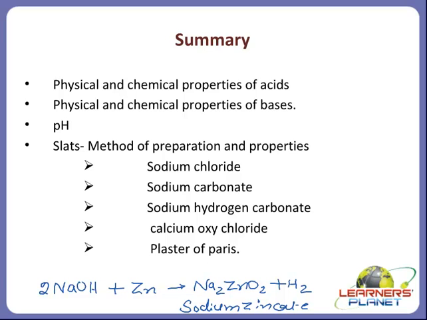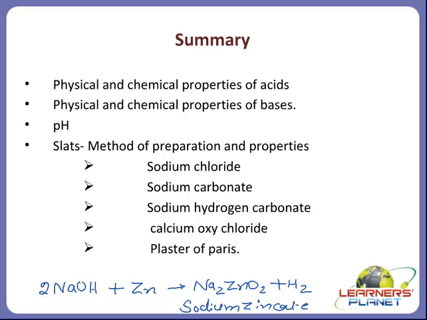It is very important in agriculture. Elsewhere also it's very important. Right? Then we discussed salts, that is, their methods of preparation and properties. The salts we discussed were sodium chloride, sodium carbonate, sodium hydrogen carbonate, calcium oxychloride and plaster of Paris.